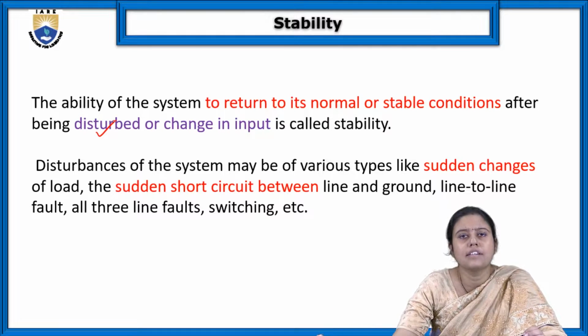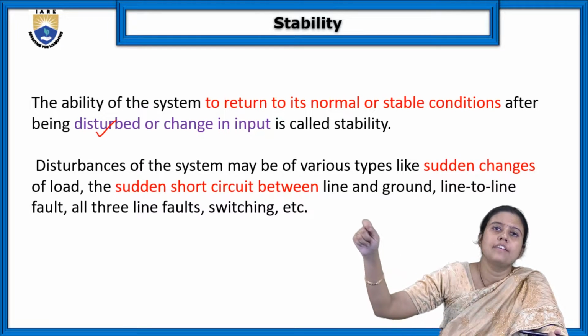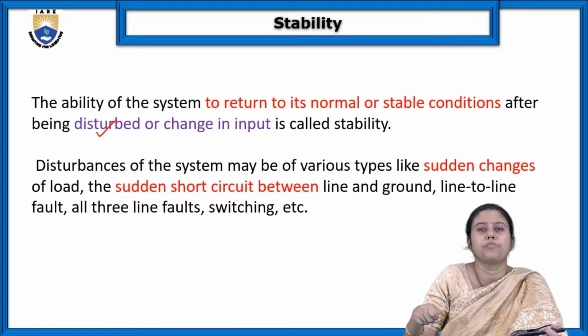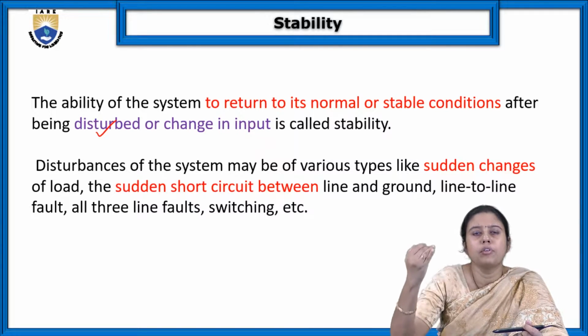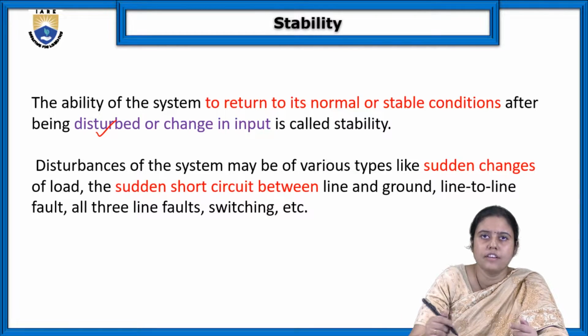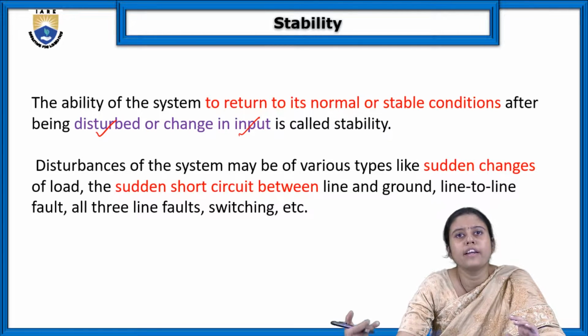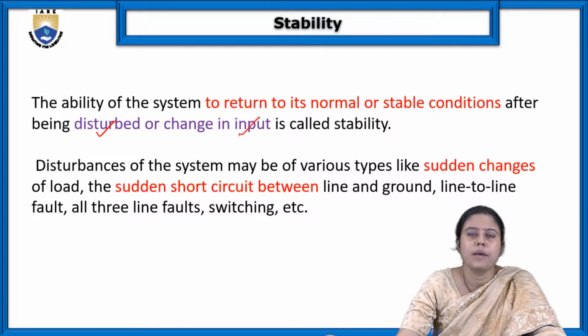So due to the disturbance or change in input, say your fan is on regulator position four and you change it to position five or three, the voltage level will be increased or decreased. So that is the change in input. And after that, when it is again gaining the stable condition, it is called the stability.